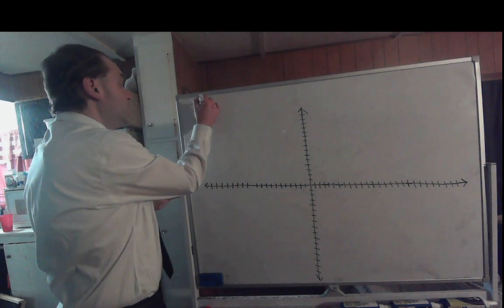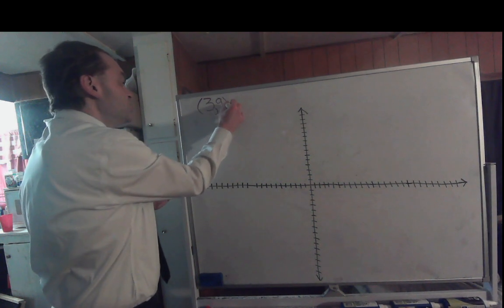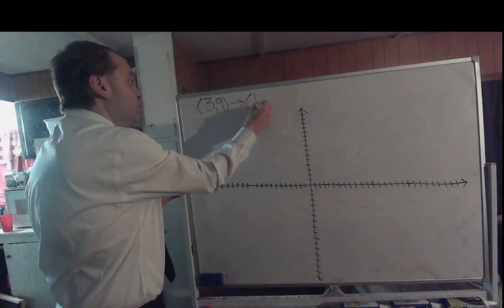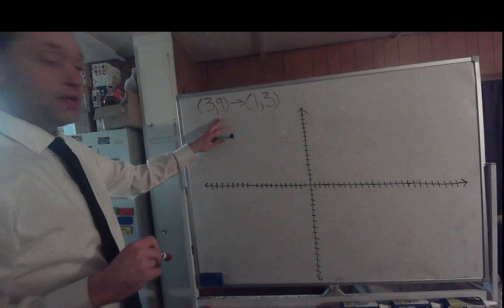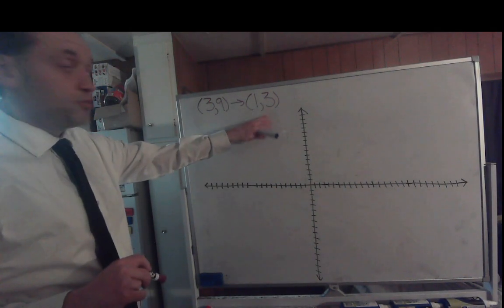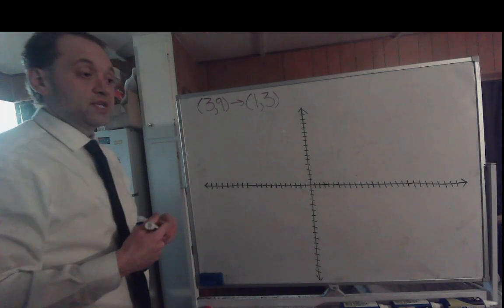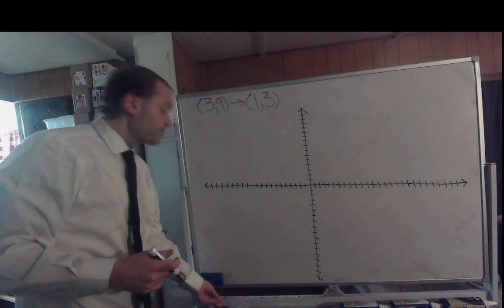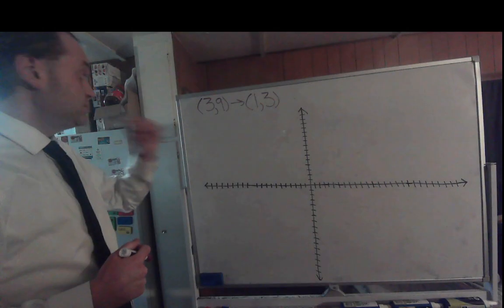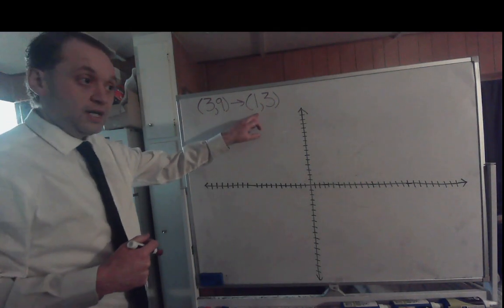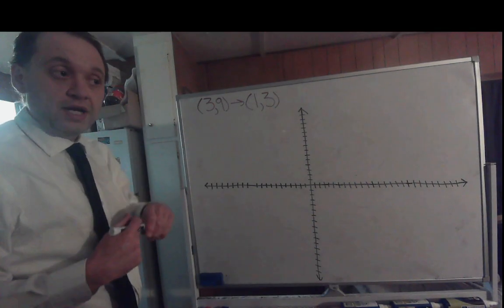Okay, now we start at the point 3, 9, which is dilated to give us the point 1, 3. So the dilation of point 3, 9 yields the point 1, 3. What would be our scale factor in this case? Well, if you look at this, if you divide by 3, 3 divided by 3 is 1, 9 divided by 3 is 3.